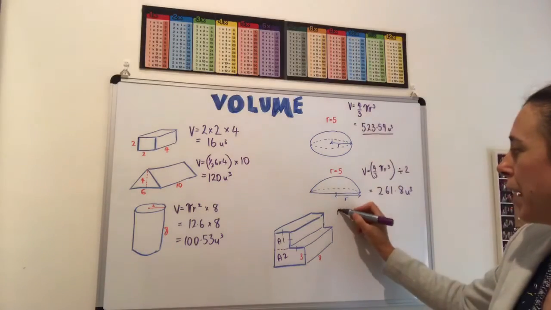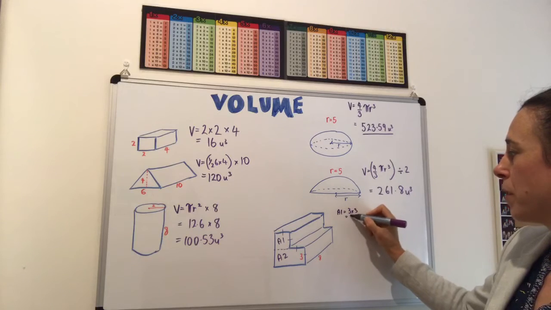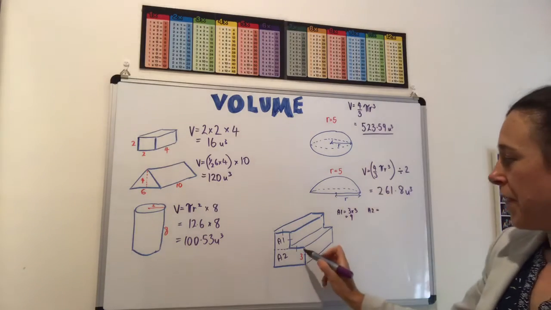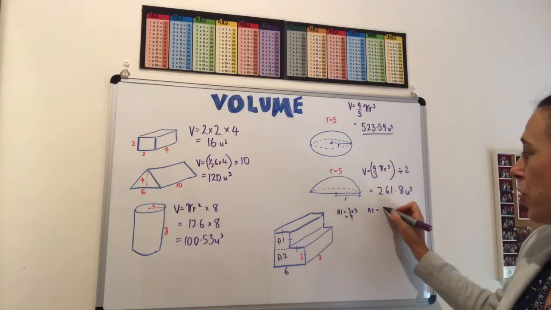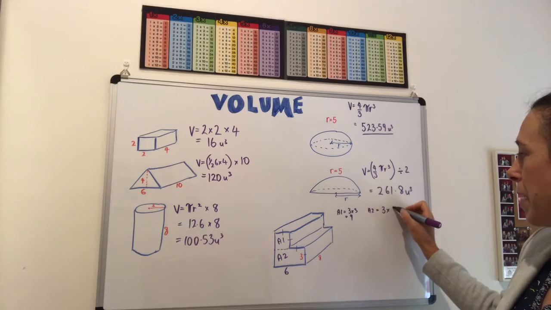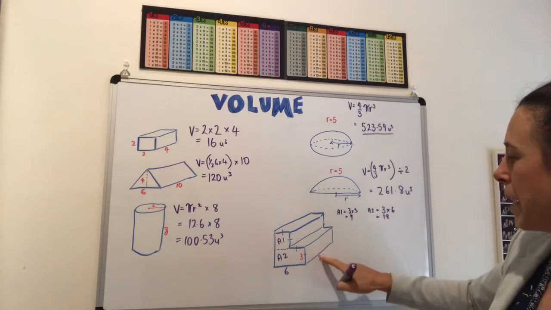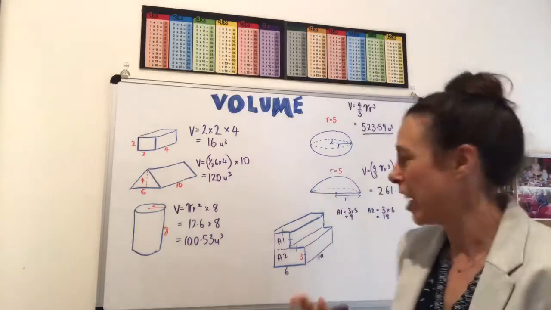So area 1 would equal 3 by 3, which equals 9. Area 2, now if this is 3 and this is 3, this here is going to be 6. So our area 2 is going to be 3 times by 6, which equals 18. Okay, and I'm going to make this 10, just so that I don't need to get my calculator out. Cheeky.